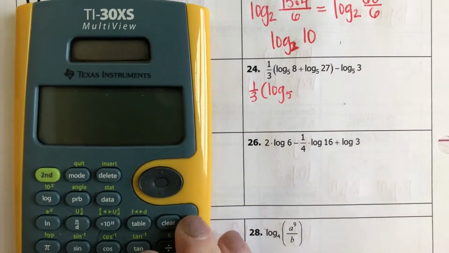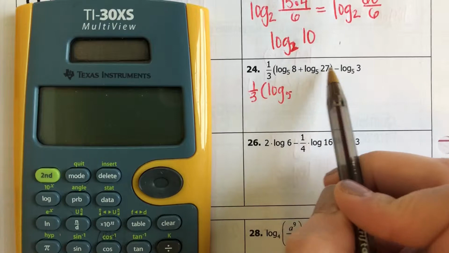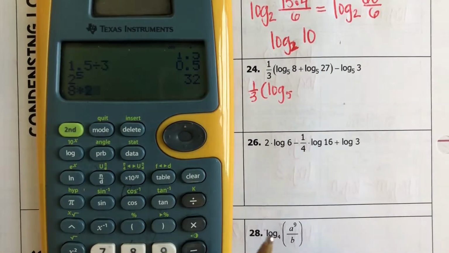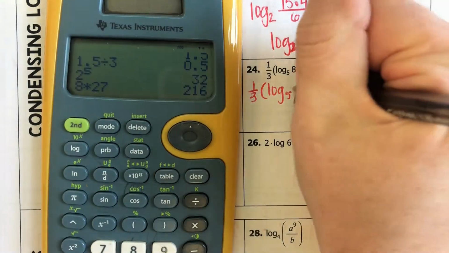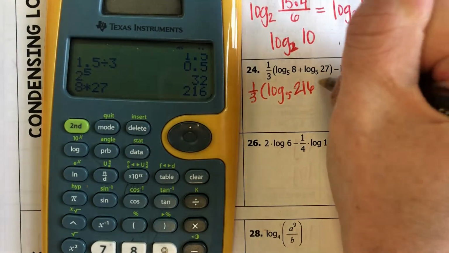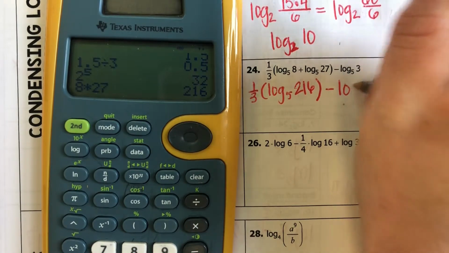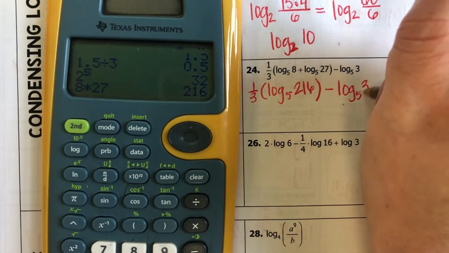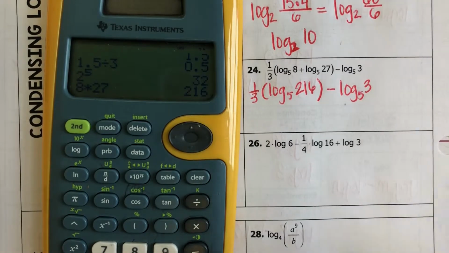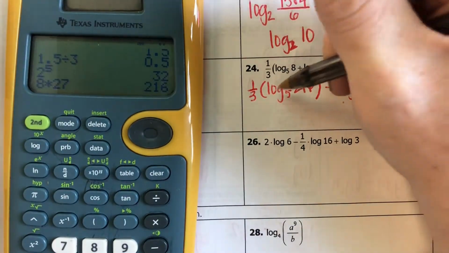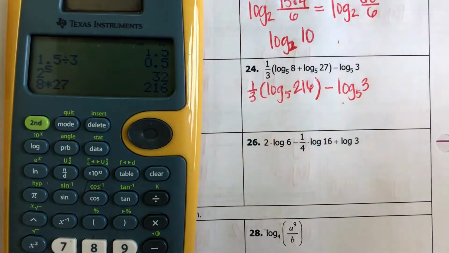Because there is addition, I know that I'm going to be multiplying these 2 numbers. Well, 8 times 27 is 216. And that's minus log base 5 of 3. Okay? Now, this 1/3, there's nothing else in my parentheses that can be done.